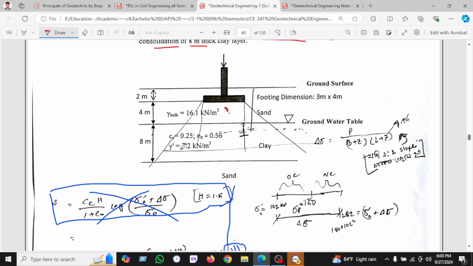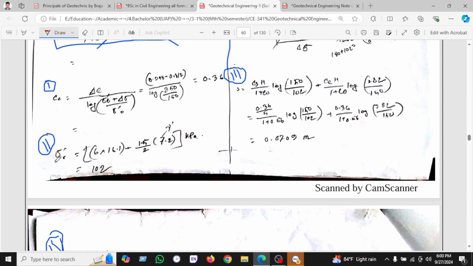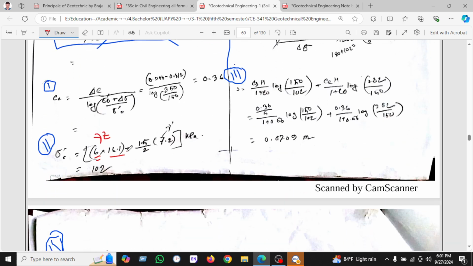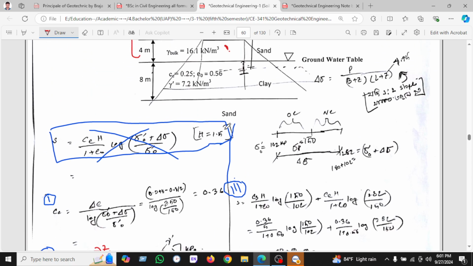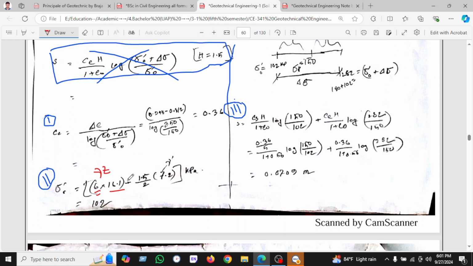So let's start. First of all, we will calculate sigma naught, which is gamma into z. Here there is a 6 meter layer, 2 into 5 is a 6 layer, and 61.8 is given as the bulk unit weight in the sand, plus z is 1.5.